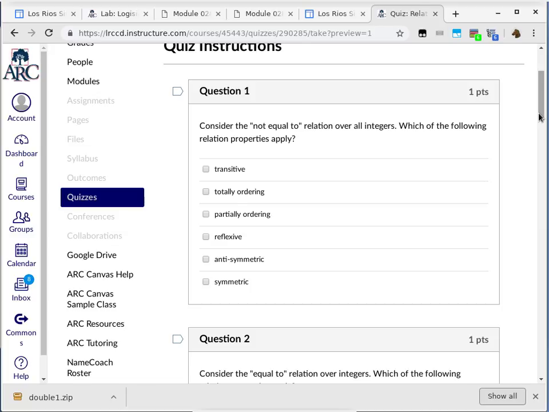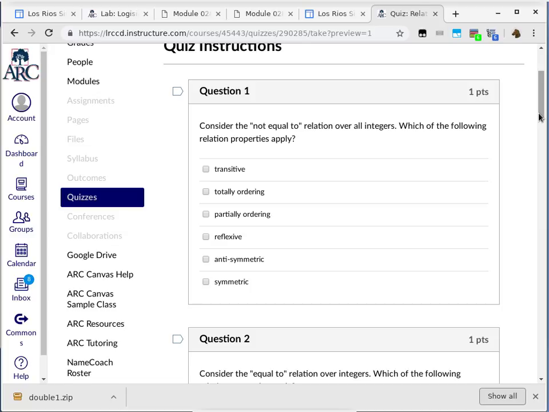Yep. So let me repeat your example. If you pick A equals 1, B equals 2, C equals 1 again, then A does not equal B, B does not equal C, and yet it is not true that A does not equal C. So as soon as you find one counterexample, when you're dealing with a for all, that property does not hold true anymore. So we know it is not transitive. Is it totally ordering?